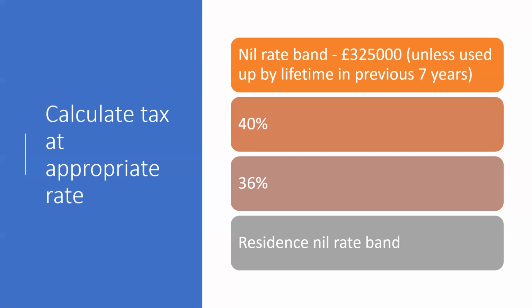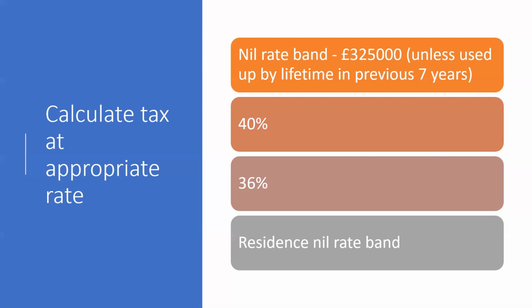And then also you've got to consider whether or not there's any net residence nil rate band available as well. And the residence nil rate band is in addition to that £325,000 nil rate band. And for that to apply, the deceased has to die owning a qualifying residential interest, which is closely inherited. So what do we mean by that?